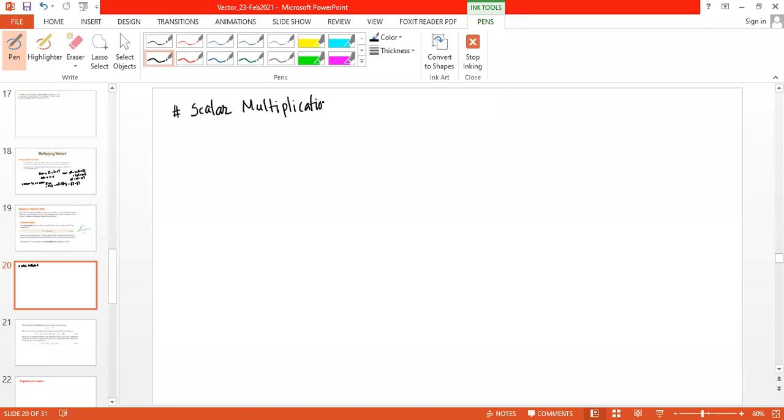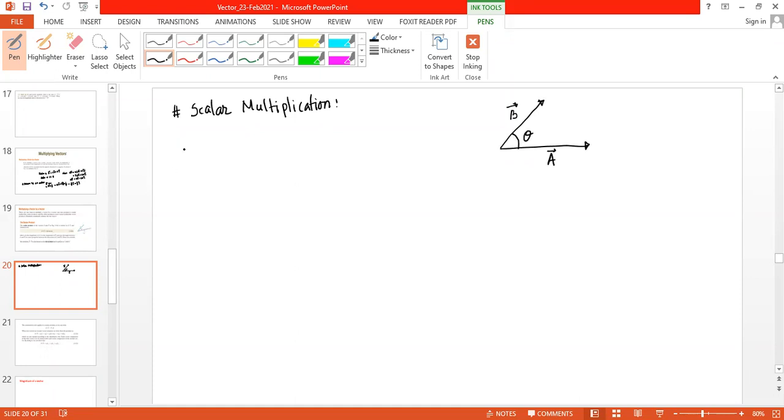So what is scalar multiplication, by the way? Let's say we have two vectors. One vector is A, and B is another vector, and we want to multiply them, and the angle between them is, for example, theta.